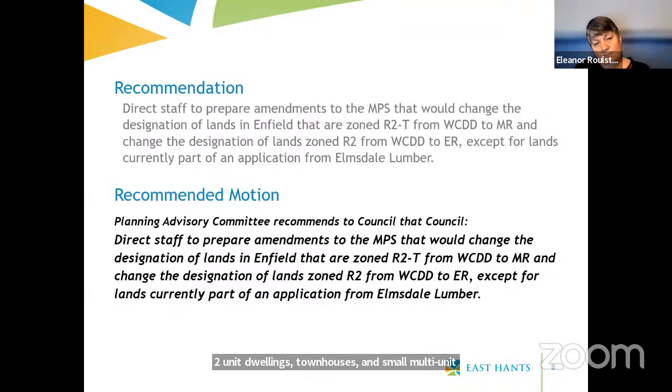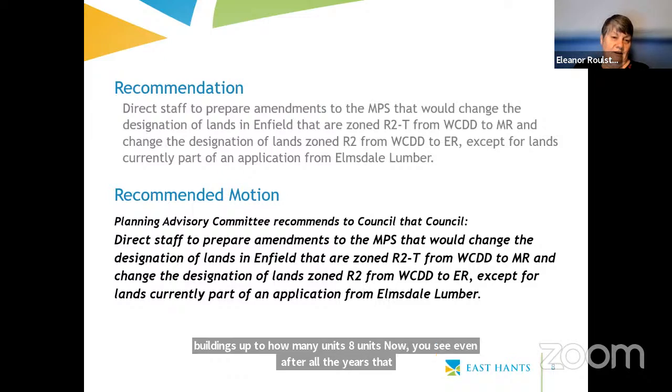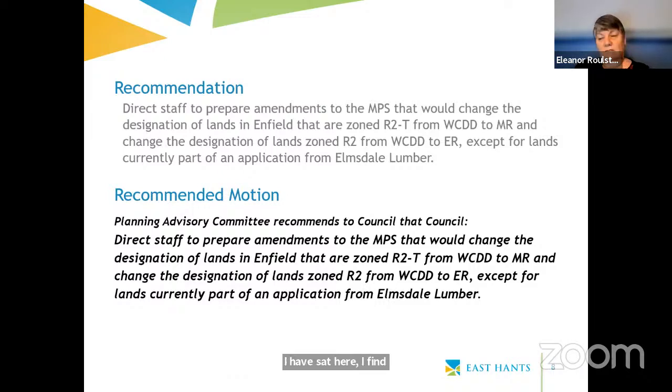8 units. Now you see, even after all the years that I have sat here, I find R2T allowing 8 units to be counterintuitive. I just do. And I think you will find the majority of the public would find that too, when they see that number 2 and an R in front of it, that's what they see.